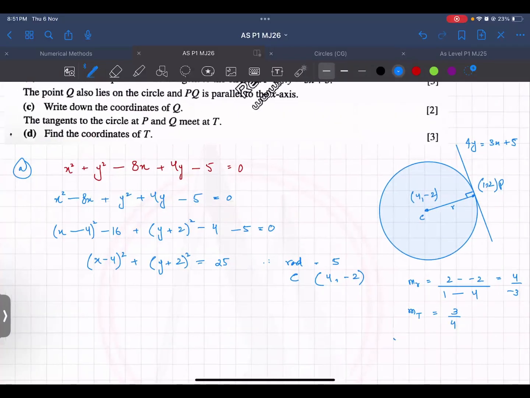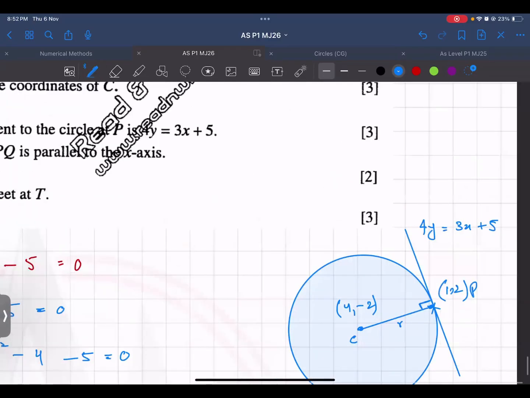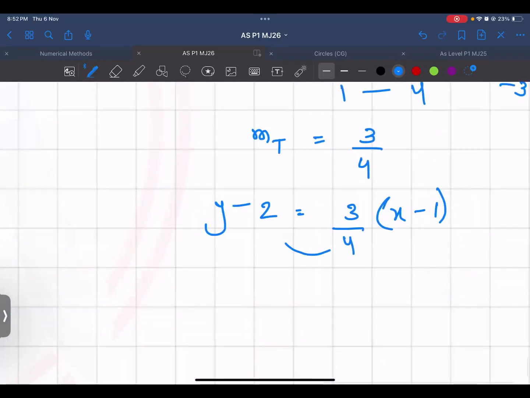So now y minus y1, the point is the P, the tangent is at P, so y minus 2 is equals to 3 upon 4 into x minus 1, and we will simplify it and see if it forms this equation. So this 4 would go over there and multiply. So 4y minus 8 is 3x minus 3.